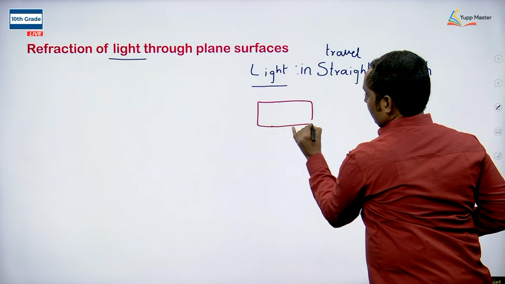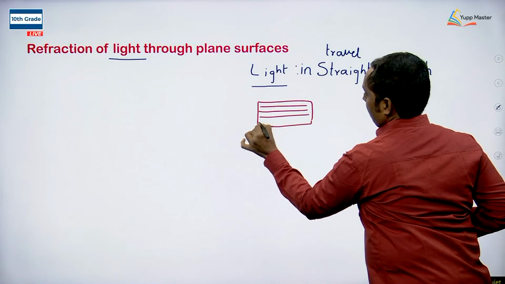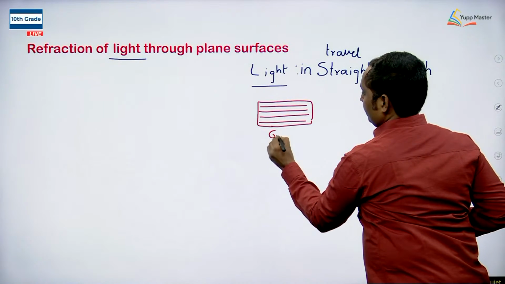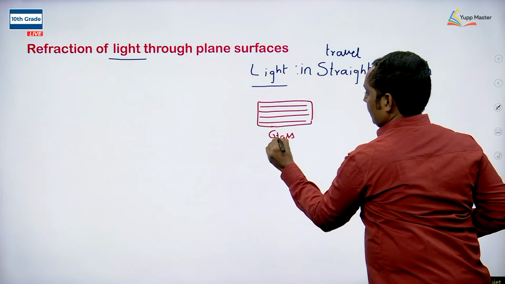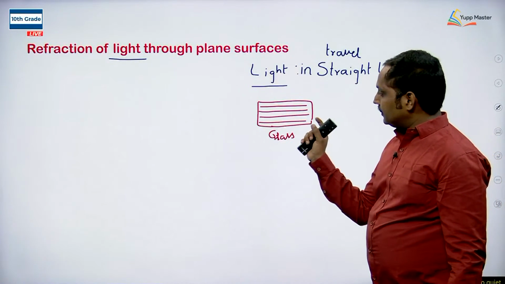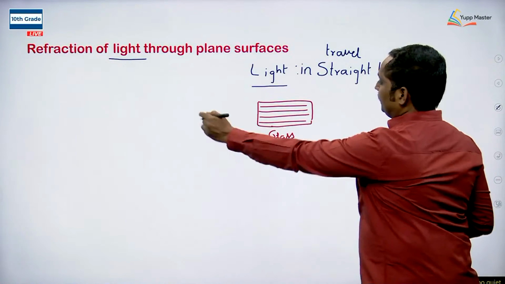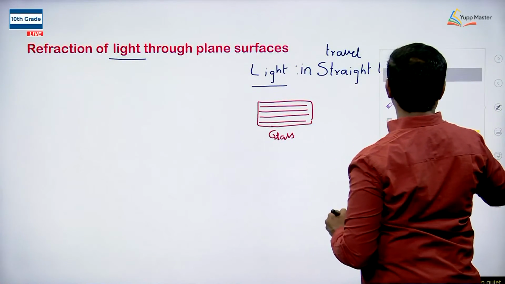Suppose you have taken this glass material, with a uniform density. Now you can take one light ray.